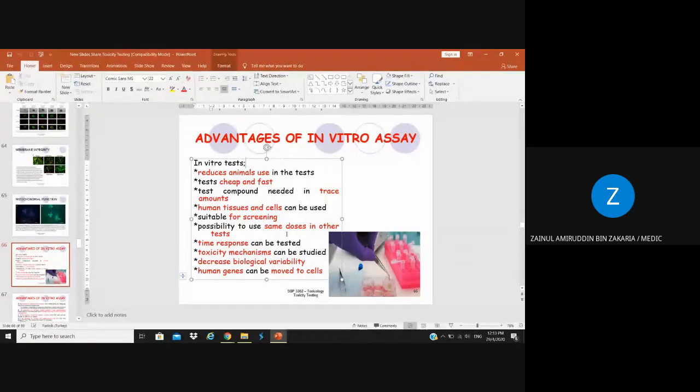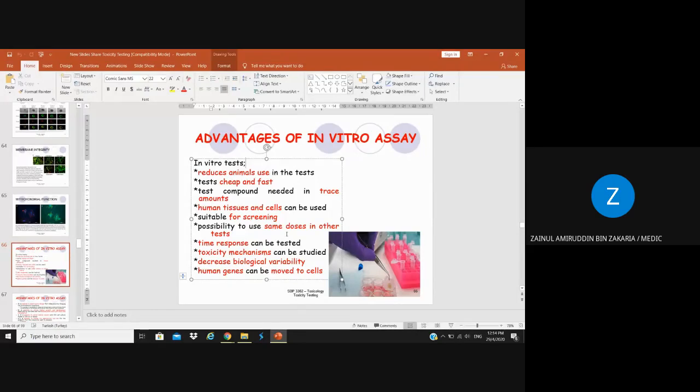Then you can know at which time your compound produced the anti-cancer effect, whether after 24 hours of putting the extract in the 96-well plate, or after 48 hours or 72 hours. You can see the number of cells decreasing as the time increases. That is what we mean by time response.